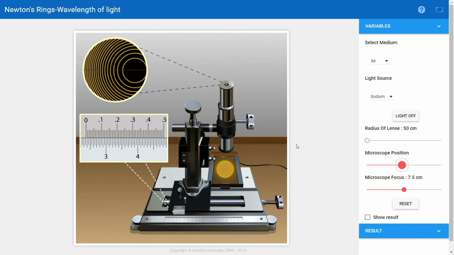Now from the earlier reading and this reading, we should subtract them, the right hand side and the left hand side, and then we will get the diameter of the second order fringe.